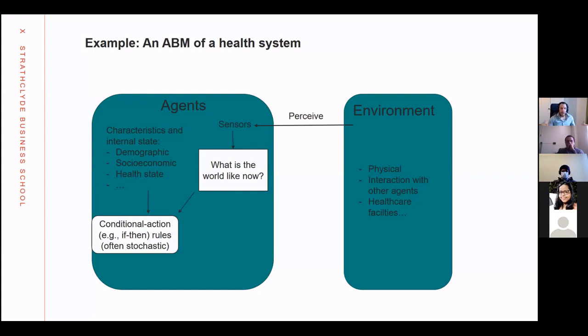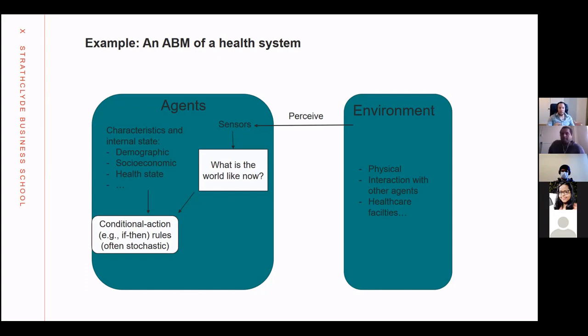Now, based off of that information, both what they sense about the environment and their own characteristics, they make autonomous decisions. These are often programmed or coded as condition-action, if-then type rules. If I have certain characteristics and the world looks a certain way, I will follow a specific rule. Typically, these are stochastic rules. So let's say if there's a long line at the healthcare facility and I'm only mildly sick, I might choose not to go to the healthcare facility.